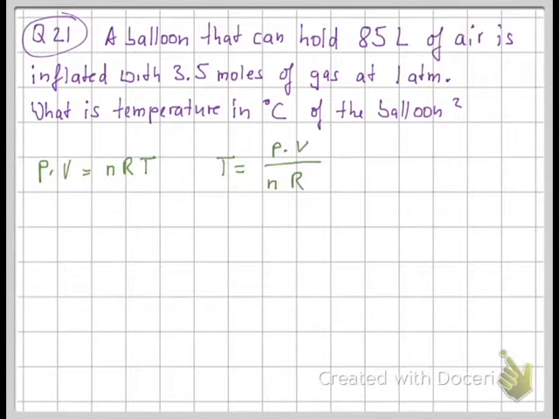And we have moles, 3.5 moles. We have 85 liters, and 1 atmosphere is the pressure, and because the gas constant is in kelvins, we have to then convert our answer from Kelvin. That's what we're going to get. R is 0.082.